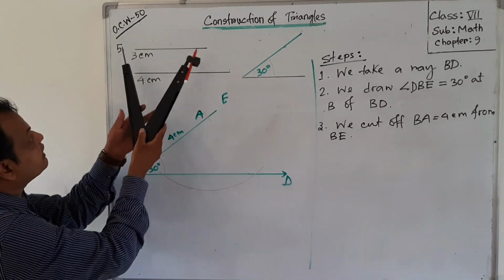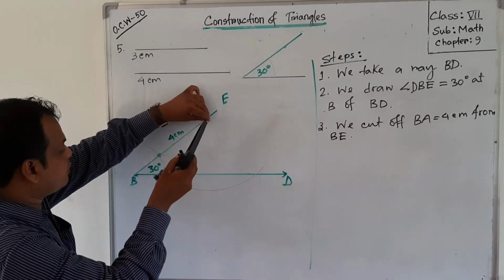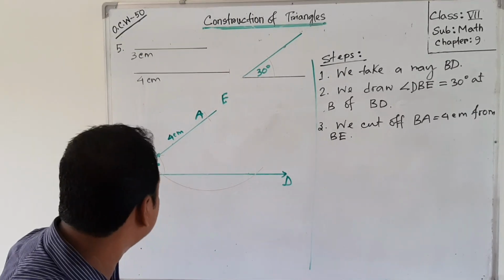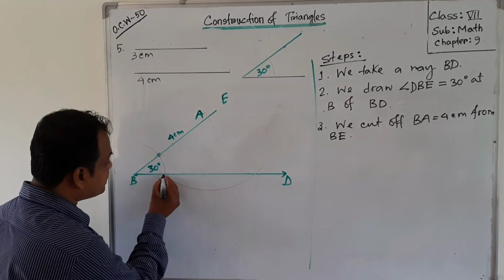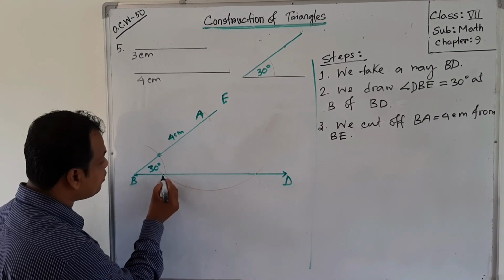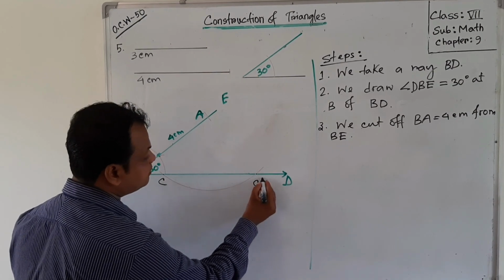So we have taken this radius 3 cm and at center A we draw an arc. These arcs intersect BD at 2 points. This is one point, this is another point. The name of this point is C and the name of this point is C prime.